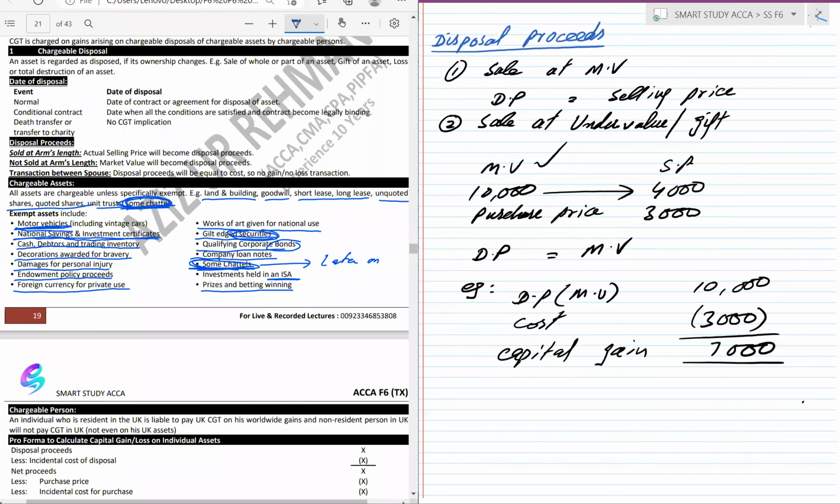Sir, in the topic of UK and non-UK residents, when we were discussing non-UK residents, you told us that they have to pay tax only on their UK property. Sir, is it necessary that the property should be residential or not? We will cover these points later on in this chapter. For the time being, you can say it is residential property. Okay, sir.